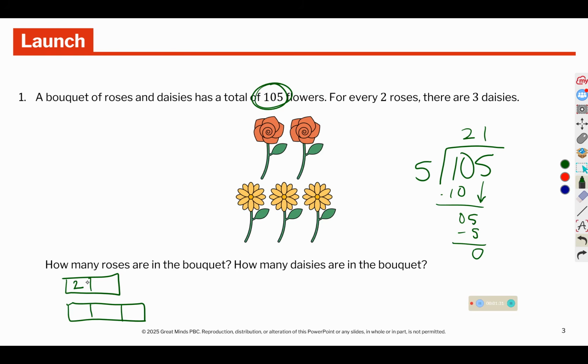So each box is going to get 21. That means that there are 21 plus 21, or 21 times 2, is 42 roses, and 21 plus 21 plus 21 is 63 daisies.